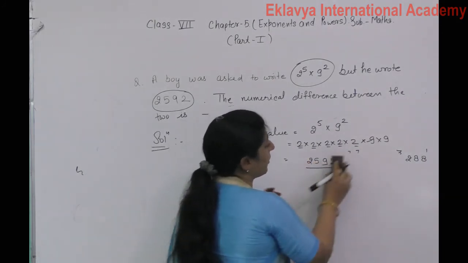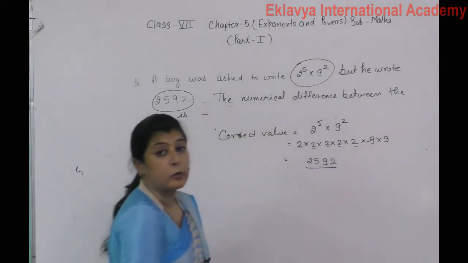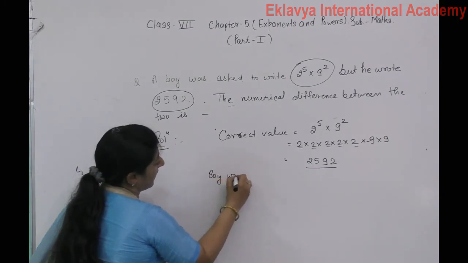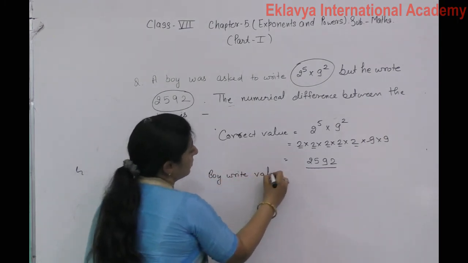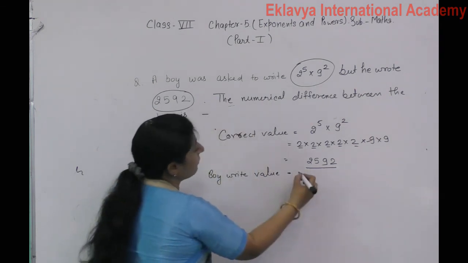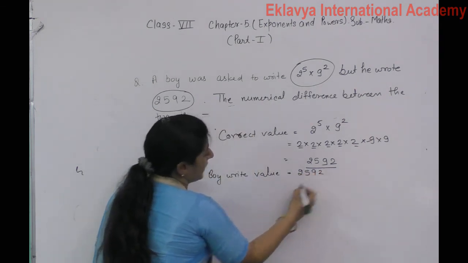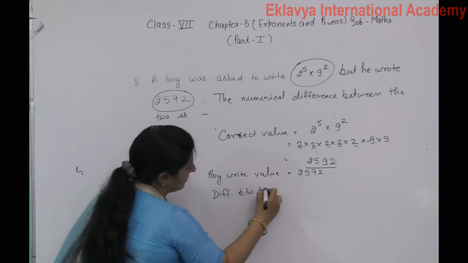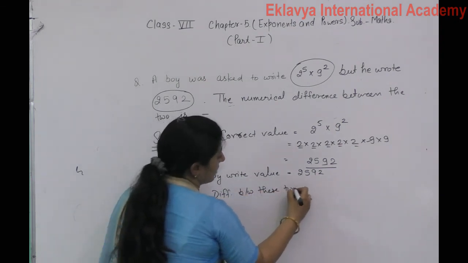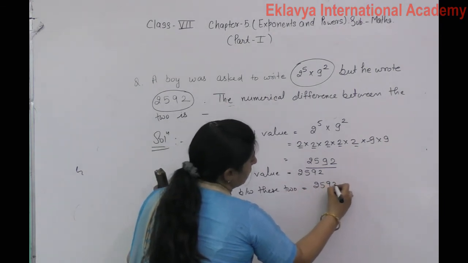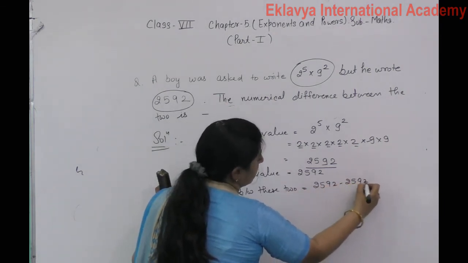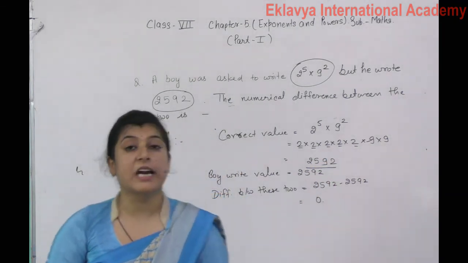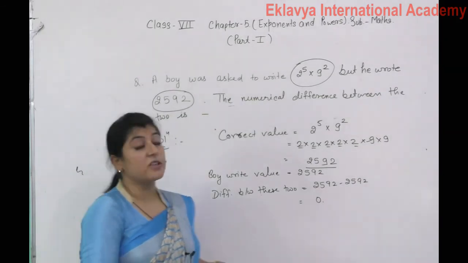Then our product is 2592. But the value the boy wrote is equal to 2592. The difference between these two is 2592 minus 2592 is equal to 0. So we solve this type of statement question.